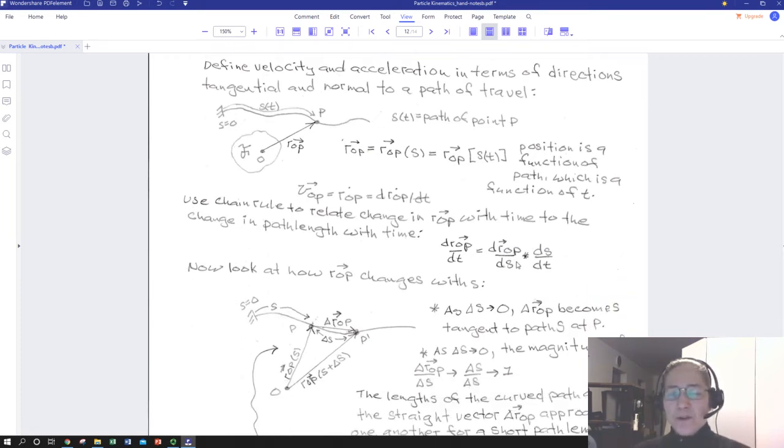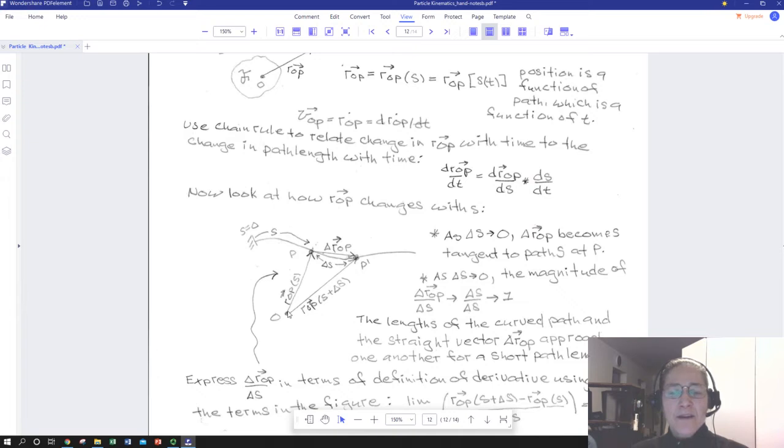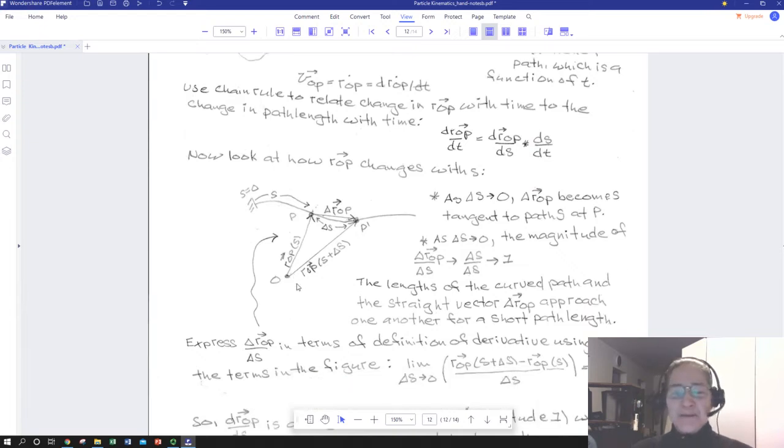So in order to evaluate this term, we're gonna zoom in on the geometry of the path at a couple of different times and see if we can't derive an expression that makes some sense. So we get a close-up of our path and our origin.